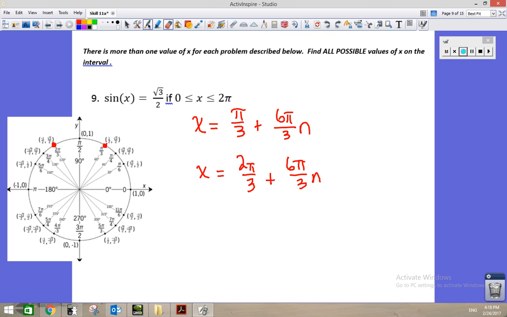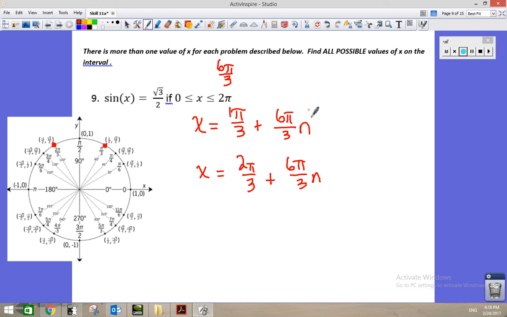So if n were equal to negative 1, I would have negative solutions, and they'd be smaller than 0. If n equals 0, I'd have pi over 3 and 2 pi over 3, which is definitely between there. If we rewrite 2 pi as 6 pi over 3, we can see that 1 is bigger than 0 and smaller than 6, and 2 bigger than 0 and smaller than 6. All right.